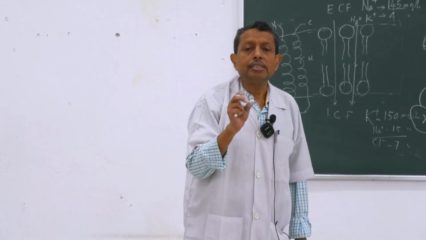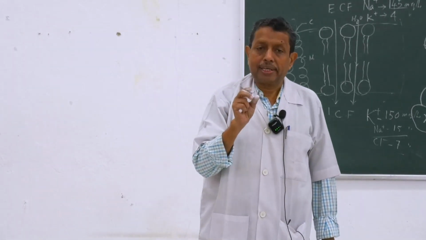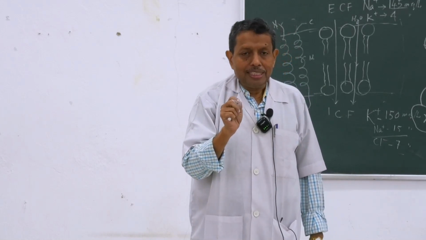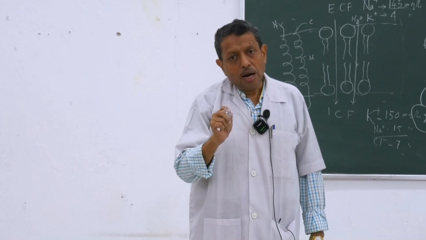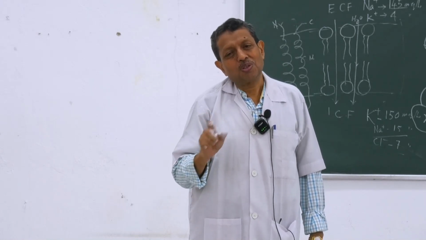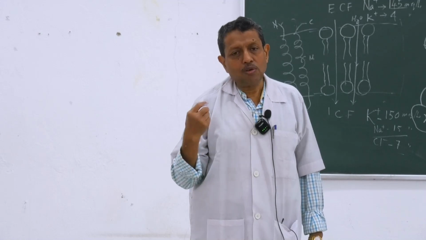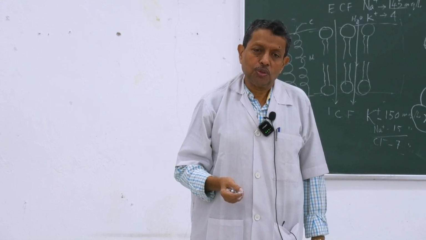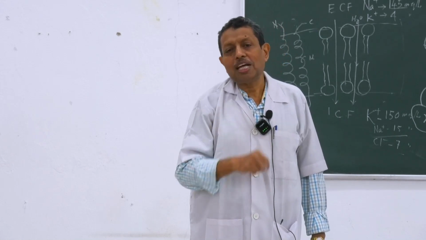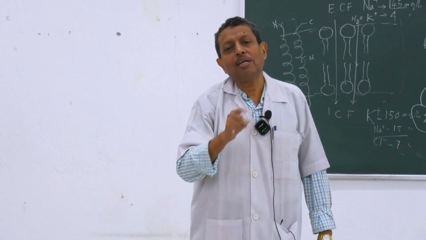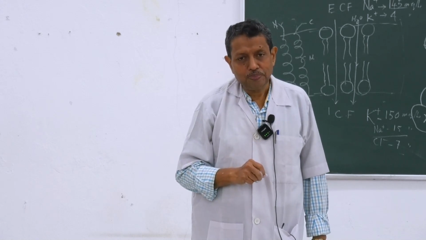Suppose within the stomach, the pH is normally acidic, around 1 to 2, and in the extracellular fluid or within the cells itself, it is 7.2. So there must be some cellular activity, otherwise how is it possible?